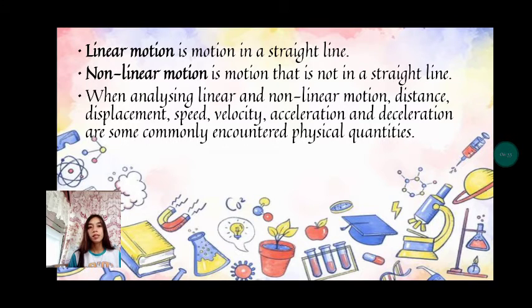As I said, if the car is going straight, that is linear motion. But if the car is going to the right or left, that is what we call nonlinear motion.